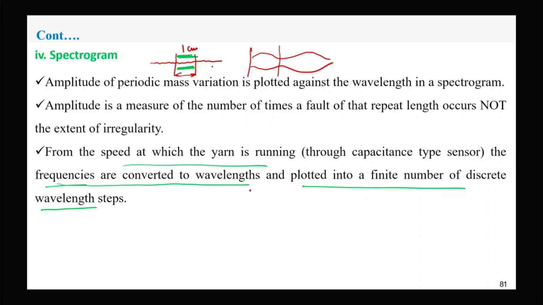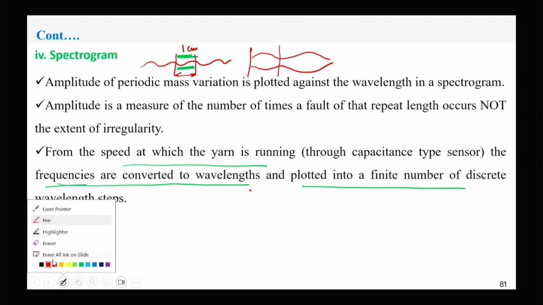Now suppose this particular yarn is moving. This sensor will not be able to identify any variability less than 1 centimeter. 1 centimeter is the sensor size.